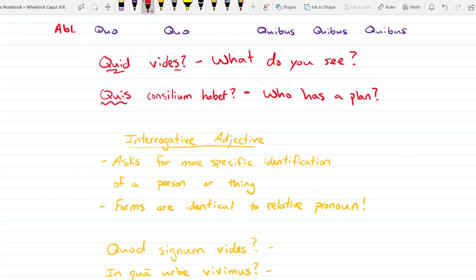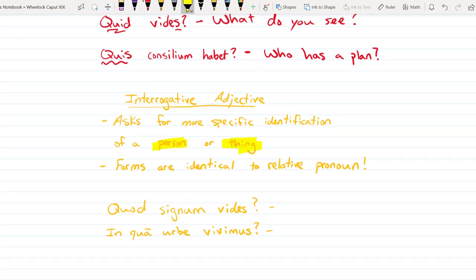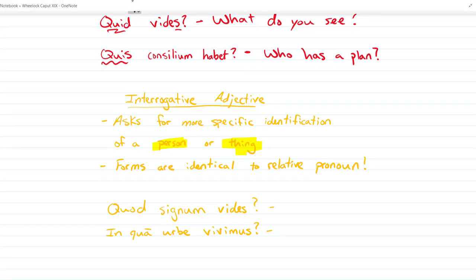Looking at the interrogative adjective, okay, this is asking for more specific identification of a specific person or thing. The nice thing is the forms are identical in every single way to the relative pronoun. So qui, quod, quod, quis, quis, quis, so on and so forth. Exactly the same.